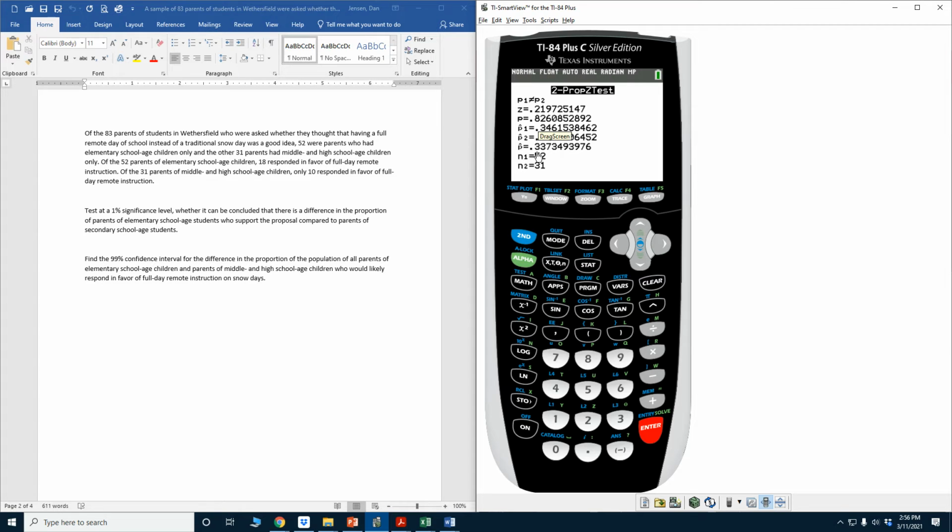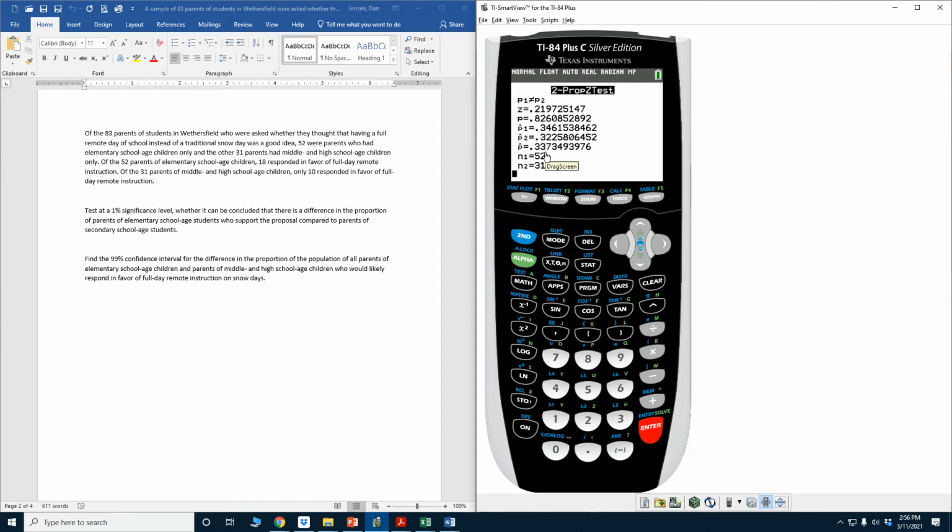P hat here, the 0.337, recall what that is: there were 83 parents surveyed, some parents of high school, some parents of middle school and elementary school age children. But there were a total of 28 of the 83, 18 elementary parents and 10 middle and high school parents, who responded in favor, and that's this P hat.